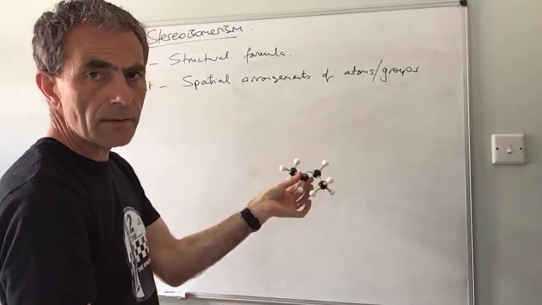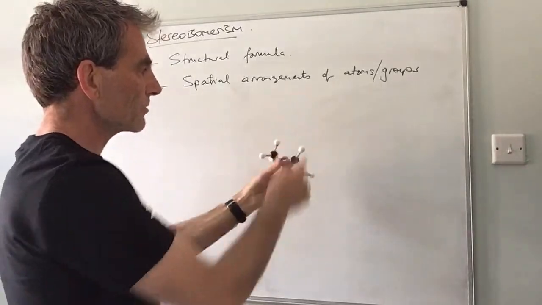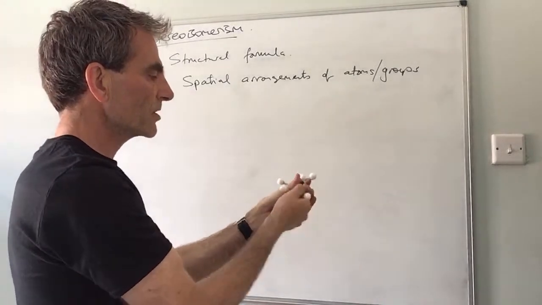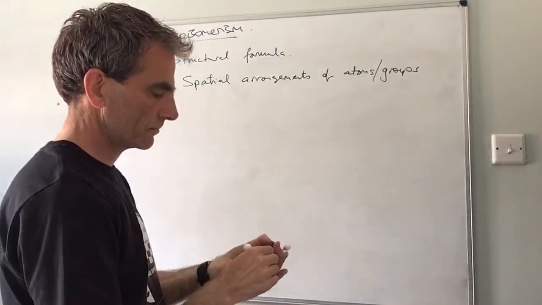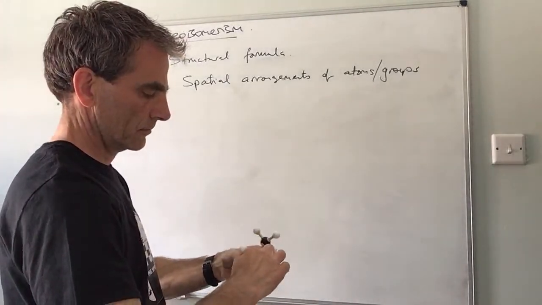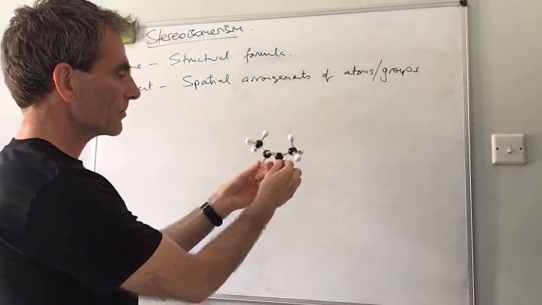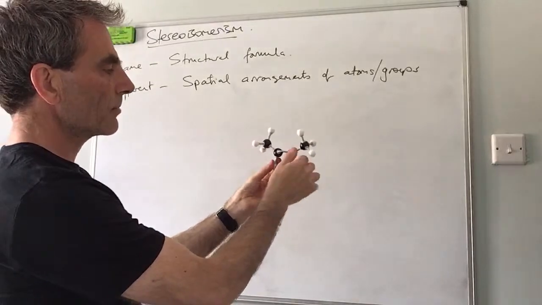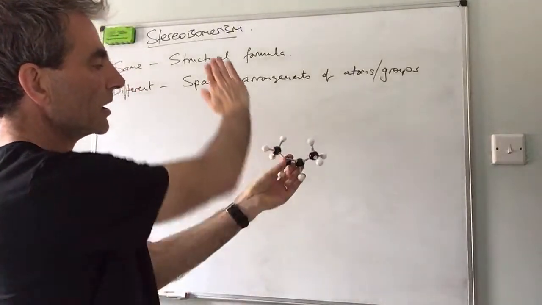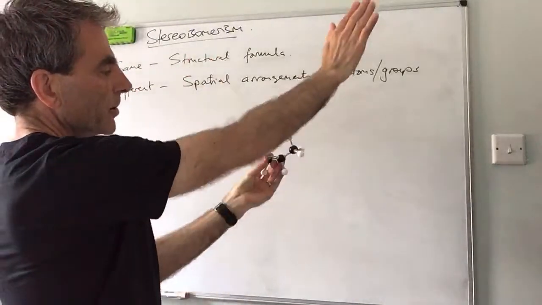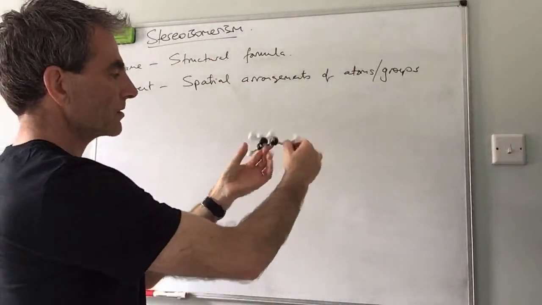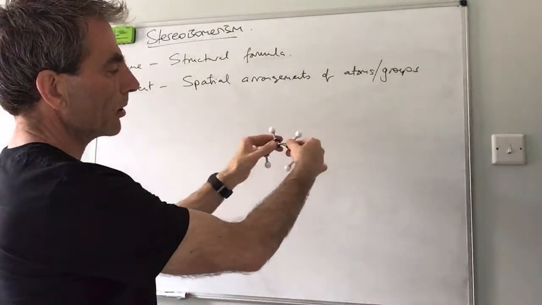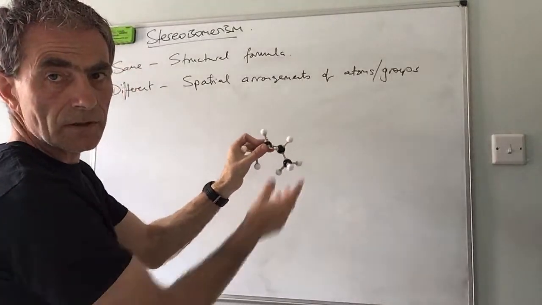I'll come on to how to name them in a second, because it would be easier if I just draw on the board now. If I switch it back to the original molecule, that's what we started with. Focusing on the methyl groups, they are now both pointing up in the same direction, or if I held it the other way around, they're both pointing down, and they're locked in that arrangement.